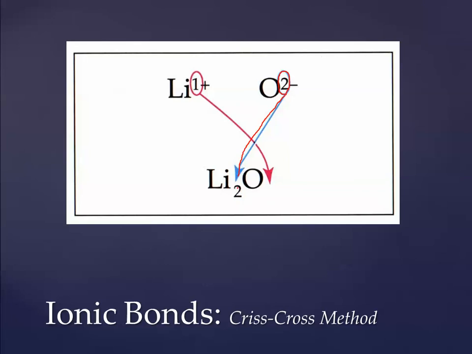So Li now has a subscript of 2. Well, oxygen, you only need one of those, and we know this because we can take this 1 from lithium, drag and drop, and make it a 1. And it's an implied 1, so I'm not going to write it, but we know that it's there. Otherwise, we wouldn't have written the oxygen.